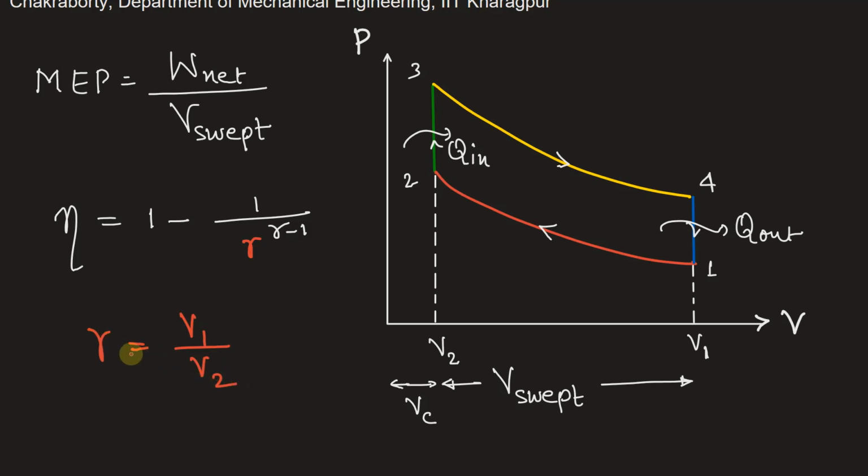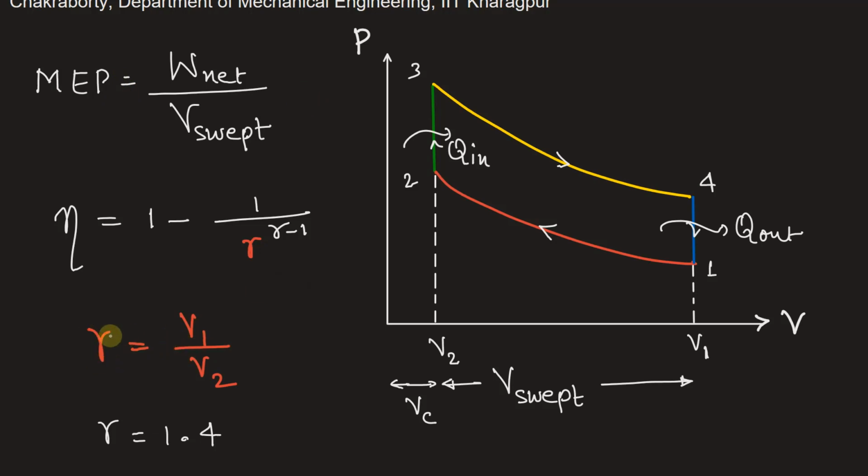Gamma given in the question is 1.4, the efficiency is also given, that is 0.5, and the value of MEP is 1000 kilopascal.